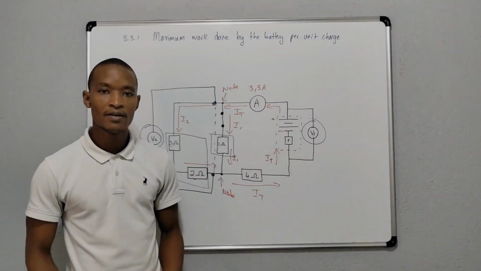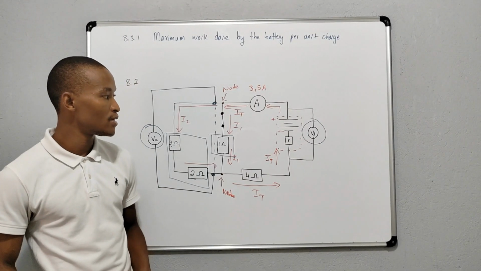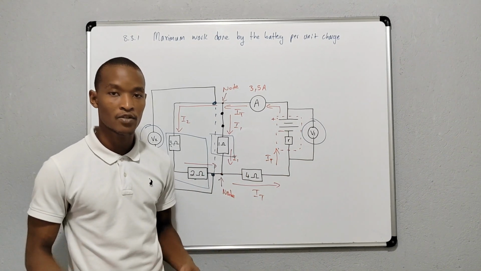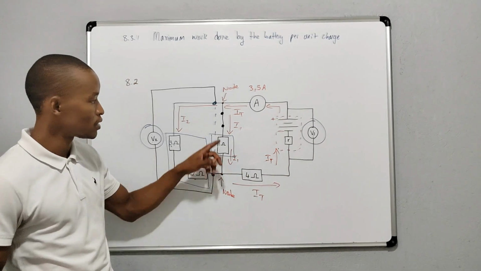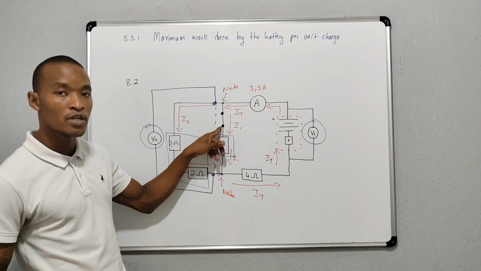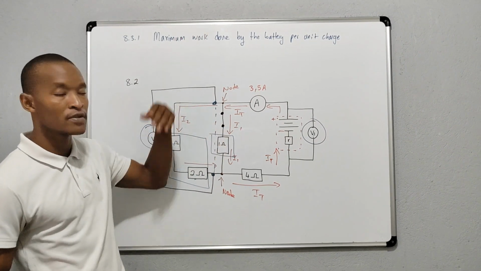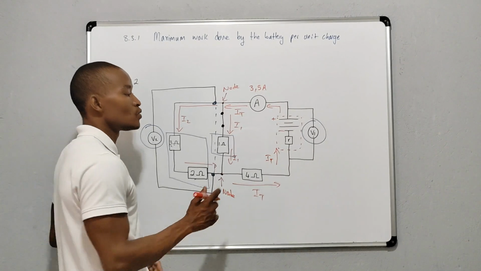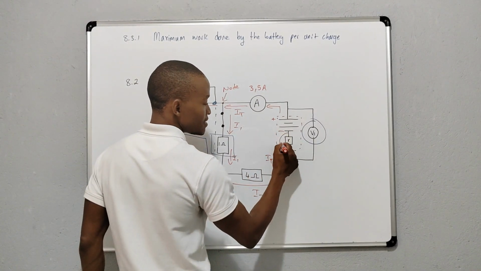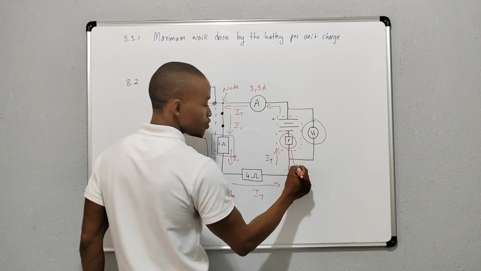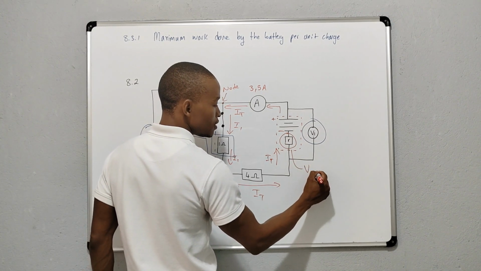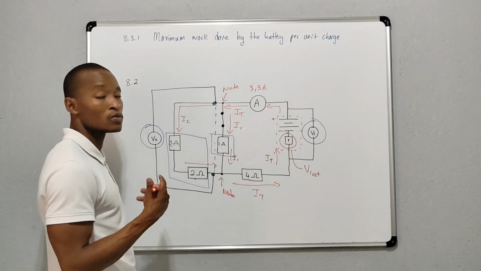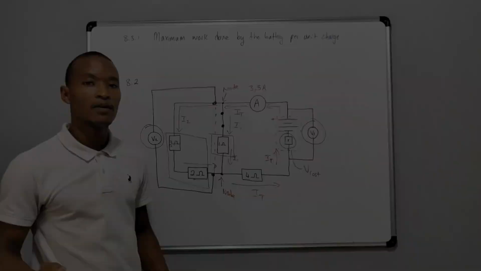Let us go to the next one, 8.3.2. Okay, so the learner is saying that the reading we get on V1 is equivalent to the EMF. Is that true? Of course not. Again, the switch is closed, so it is against the definition that I gave in the previous question. Right? So in other words, we need to know that there is internal resistance which will definitely have some sort of potential difference accumulating here called lost volts.